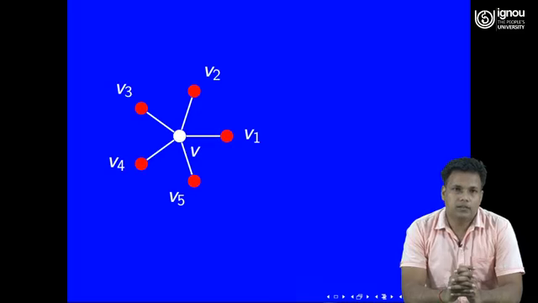That is, the vertices V1, V2, V3, V4, V5. So, all these vertices form a neighborhood of V. However, you can see that each of these vertices has exactly one neighbor, namely V.